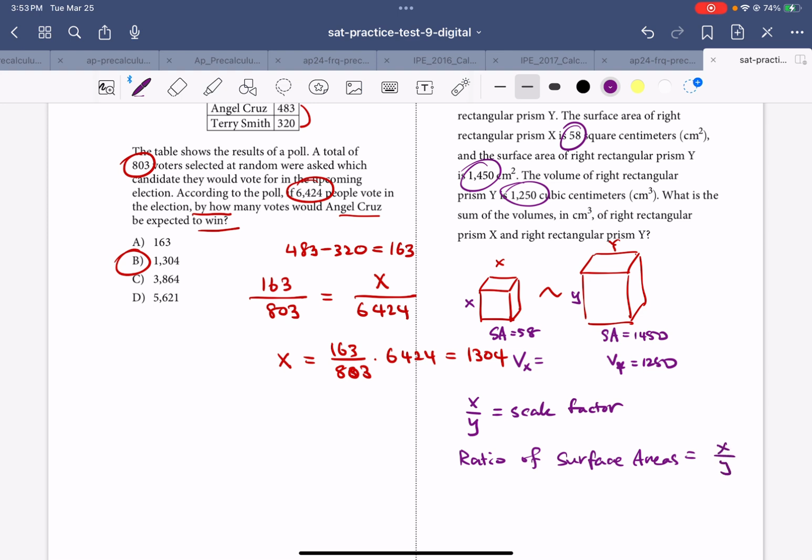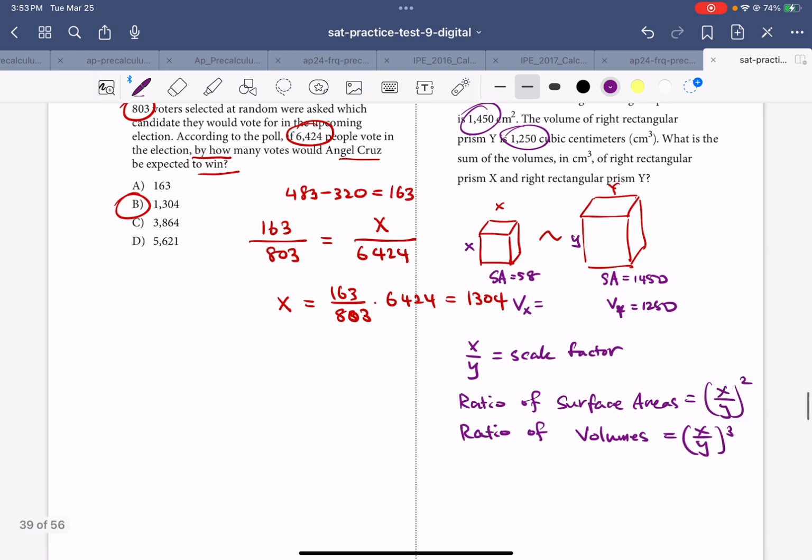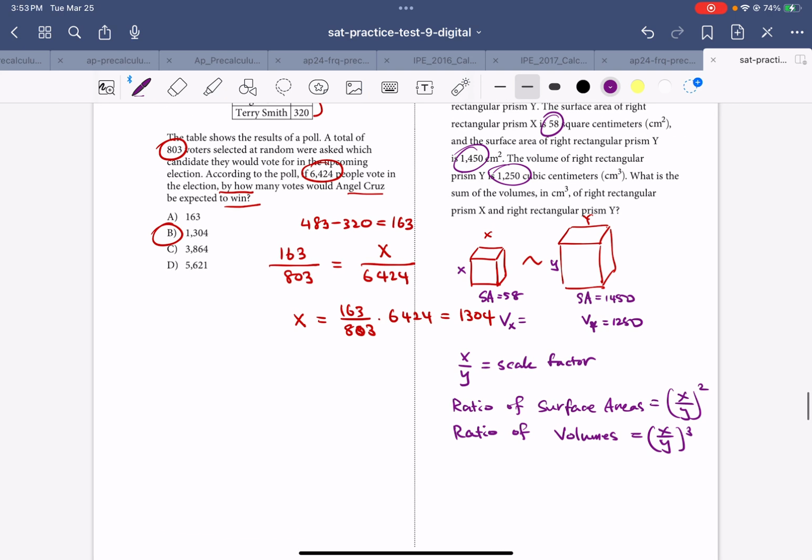So X over Y squared. Also, very important, the ratio of volumes is the scale factor cubed. It's in the geometry book, so you can use this.